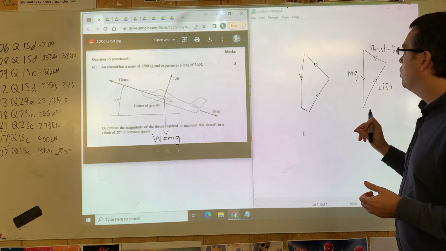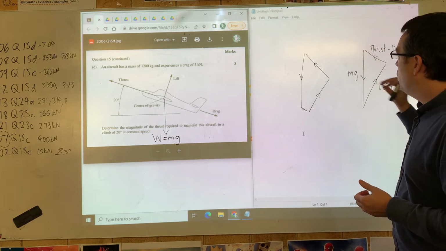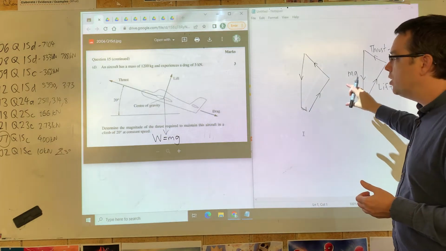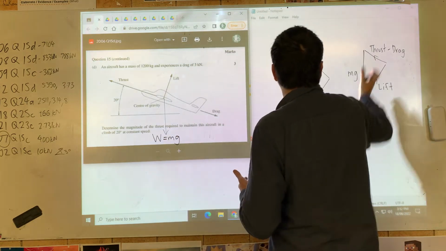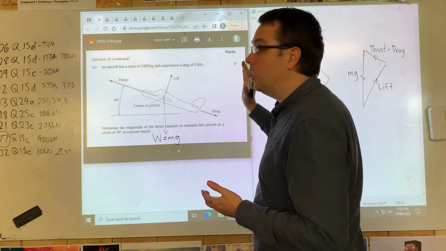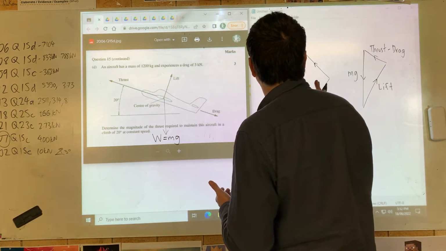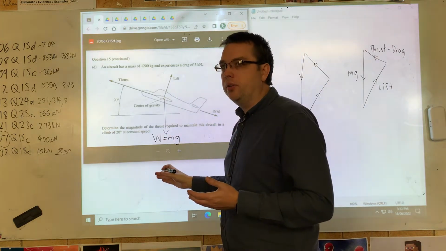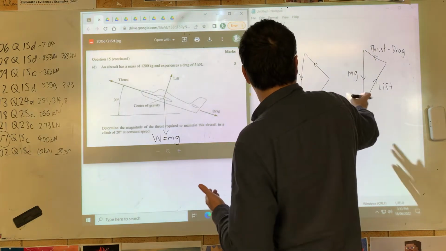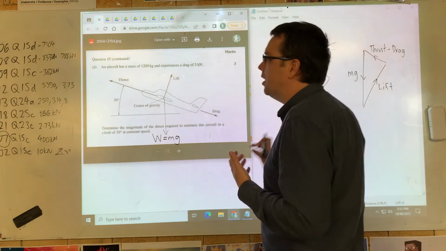The other thing that occurs to me is that when looking at these questions, I always thought, well, isn't lift up? And lift is up, but it's not directly up, it's not vertically up. It is in an upwards direction, but it's not vertically up. The next thing is I think, well, if weight's down and lift is not as big, then how do planes stay in the air?